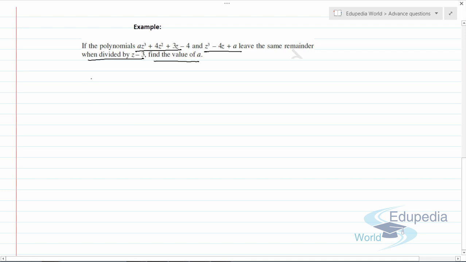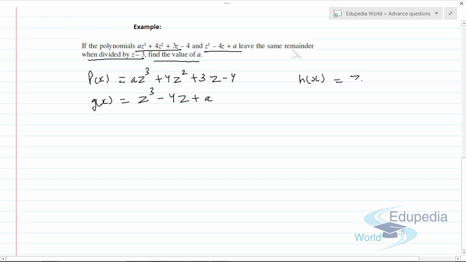We write p of x equals a z cube plus 4 z square plus 3 z minus 4, and we write g of x as z cube minus 4z plus a. They leave the same remainder when divided by the polynomial z minus 3.